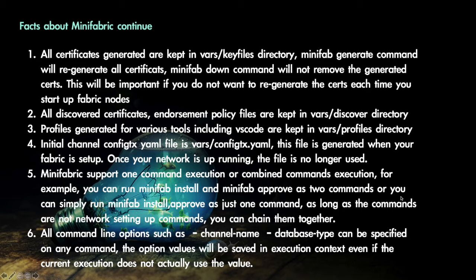Profiles generated for various tools, including VS Code, are kept in the vars profiles directory. The initial channel configtx YAML file is at vars configtx.yaml. This file is generated when your Fabric is set up. Once your Fabric network is up and running, this file is no longer needed.